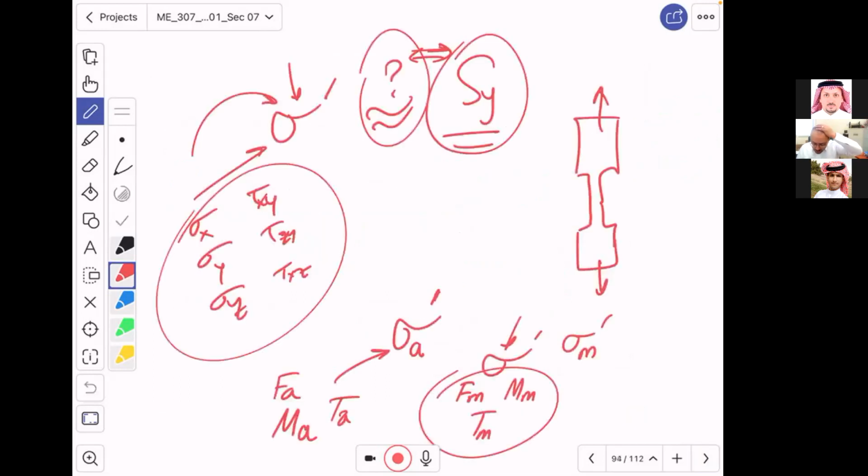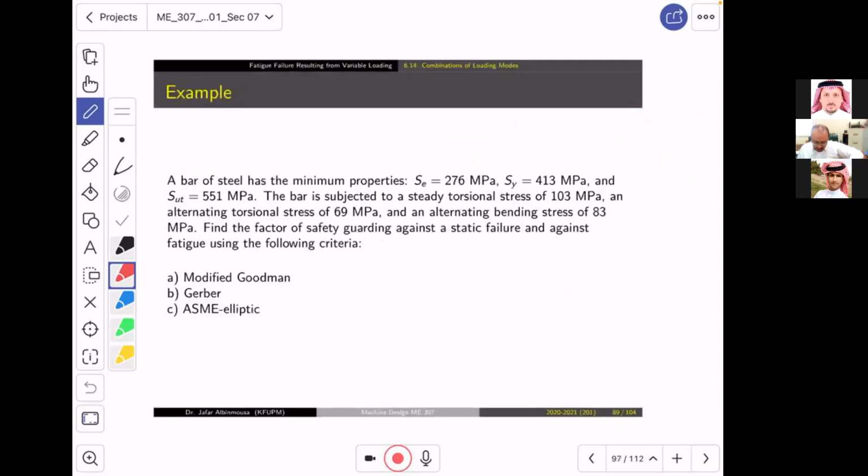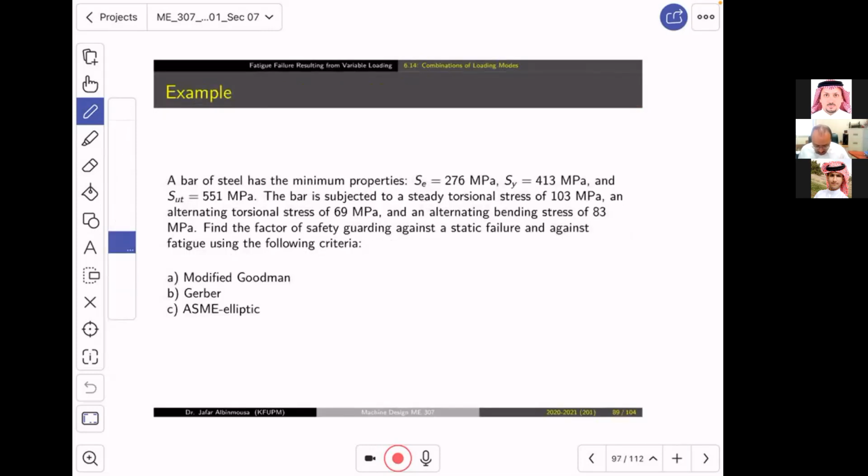Now, let's look at how we are going to deal with this. This is an explanation of what I said: once you find sigma_A prime and sigma_M prime, you're done. All you need to do now is put them into Gerber if it is a positive mean. So let's look at this very interesting example.